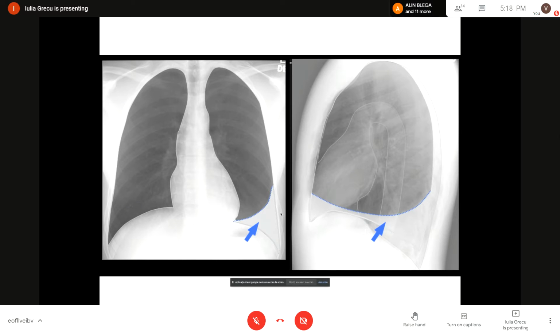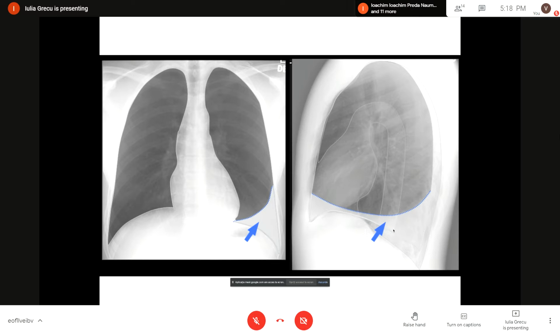If the fluid keeps accumulating, then we will have this superior concave slope that ascends onto the lateral thoracic wall with homogeneous opacity, blunting the costodiaphragmatic and cardiophrenic angles.